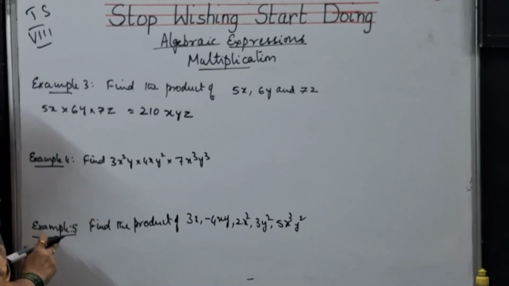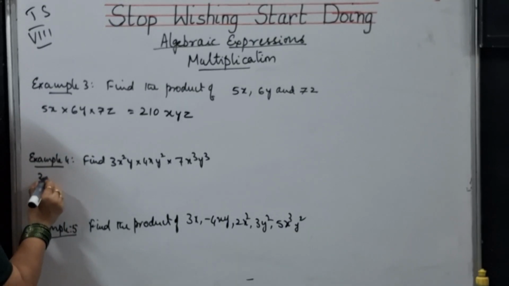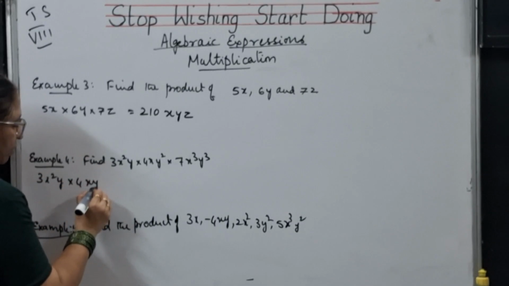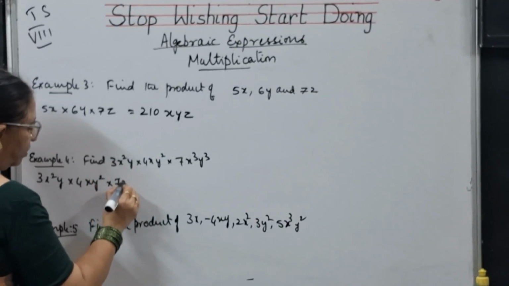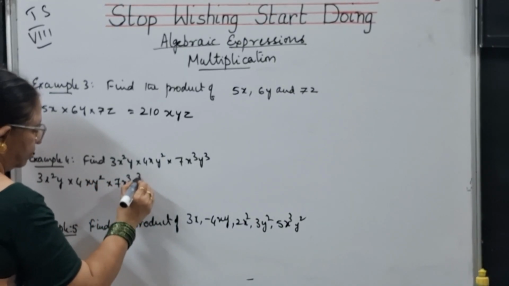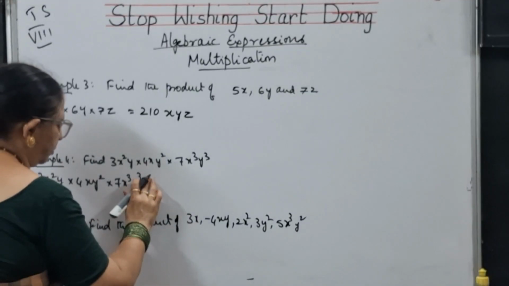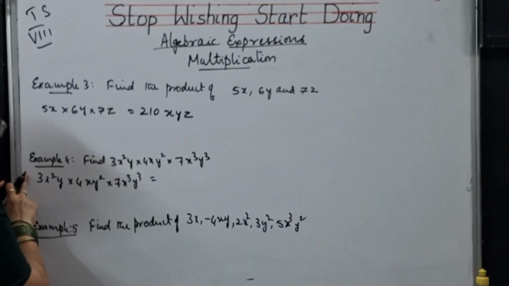Now, second one. Find the product of 3x square y into 4xy square into 7x cube y cube. This is the problem, children. Now multiply the signs.